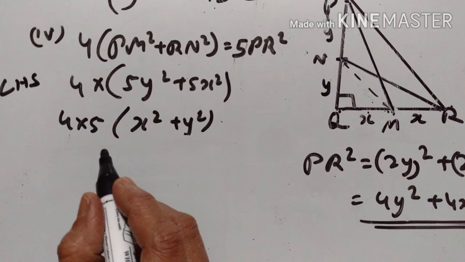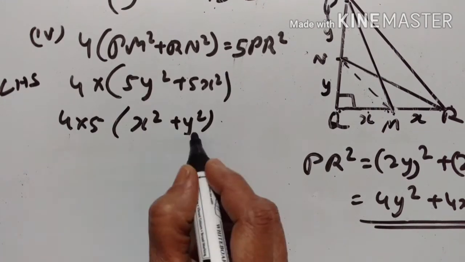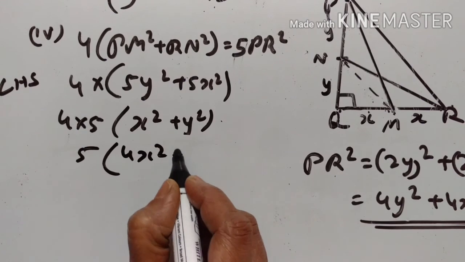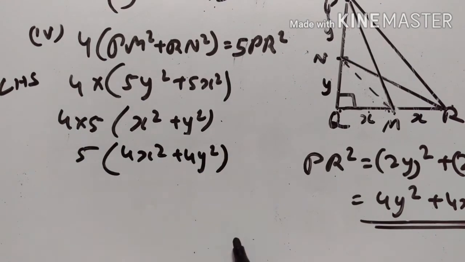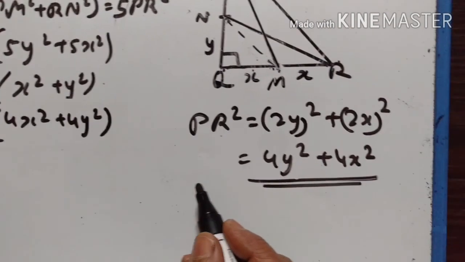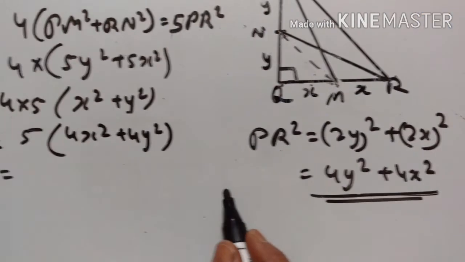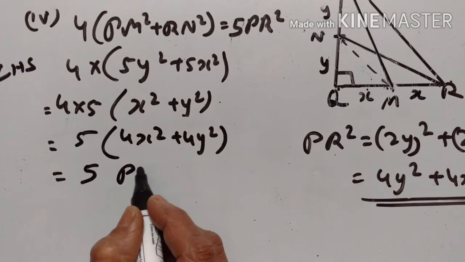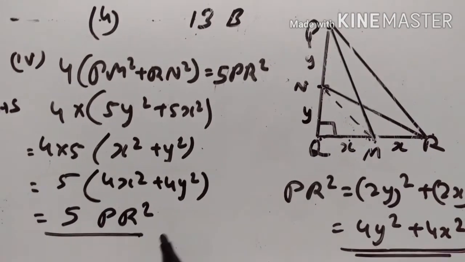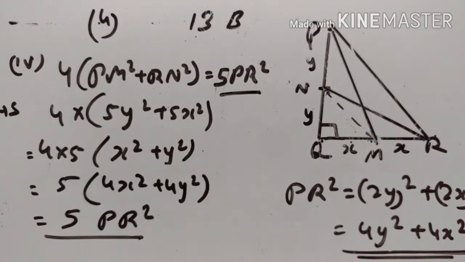Let us rewrite it as 5 into 4x square plus 4y square. 4x square plus 4y square is equal to what? PR square. So 5 PR square. So LHS is equal to RHS. Proved.